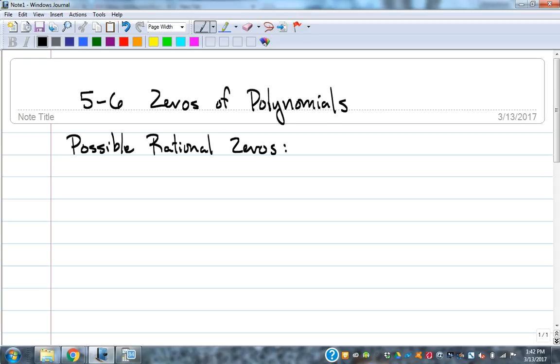Not all zeros of polynomials can be written as fractions, but what we're going to do is learn this trick about how to find the possible ones for any polynomial.